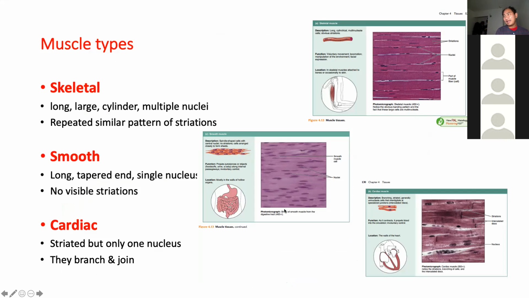So again, if you get this histology slide, and you know that this is not epithelial cell, you know that this is not a connective tissue. Yeah, you might think about that, hey, this is the matrix, you can see the small cell here.